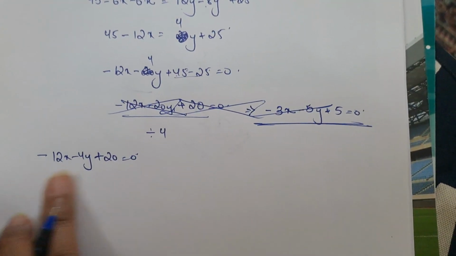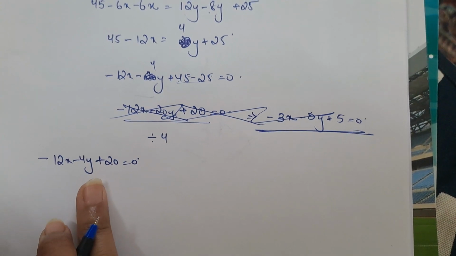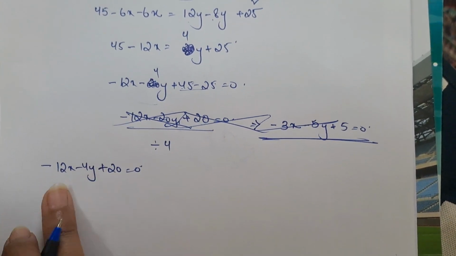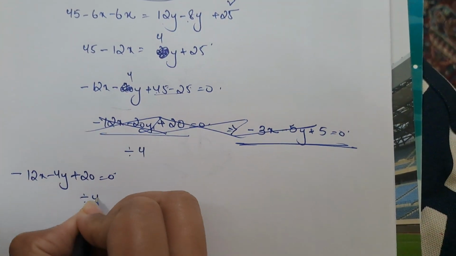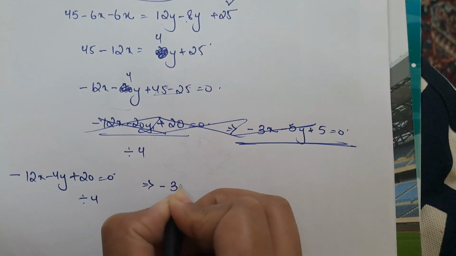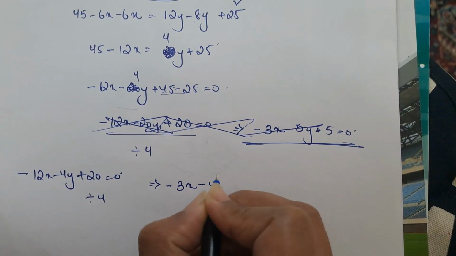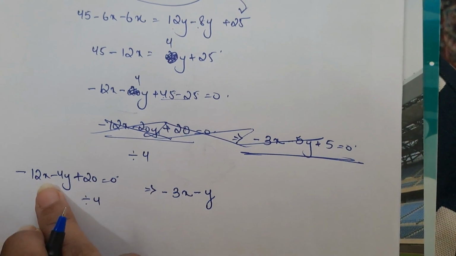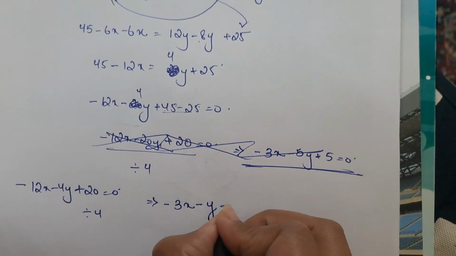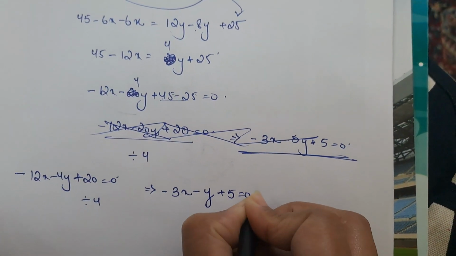Now this full equation can be divided by 4, isn't it? Because they all come in the 4 table. So dividing it by 4, it becomes minus 3x minus y plus 5 is equal to 0.